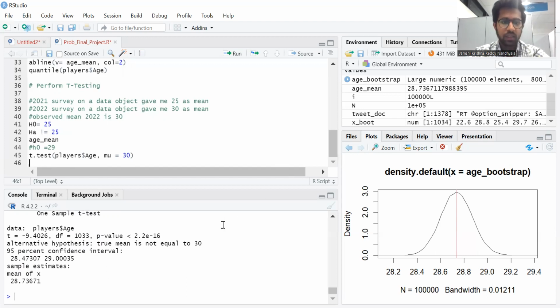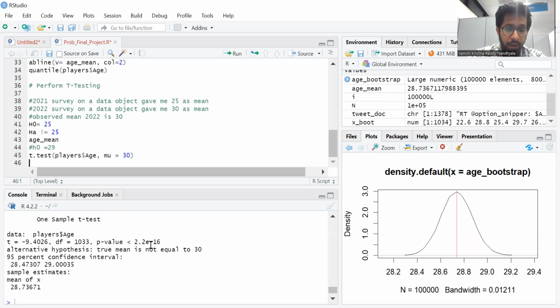Now you can see there is very little chance: there are 16 zeros before the 2, about 0.00002. That means the p-value is very small. This p-value gives us the probability of occurrence of mean 30, about 0.00002.